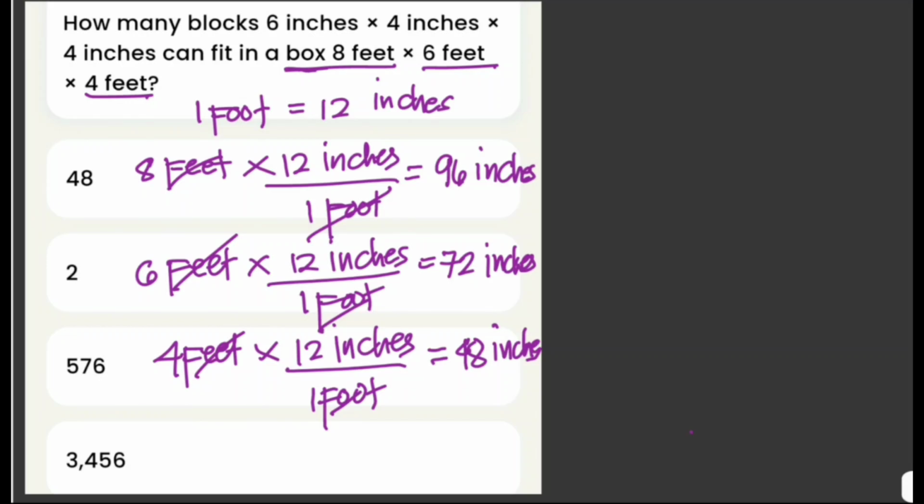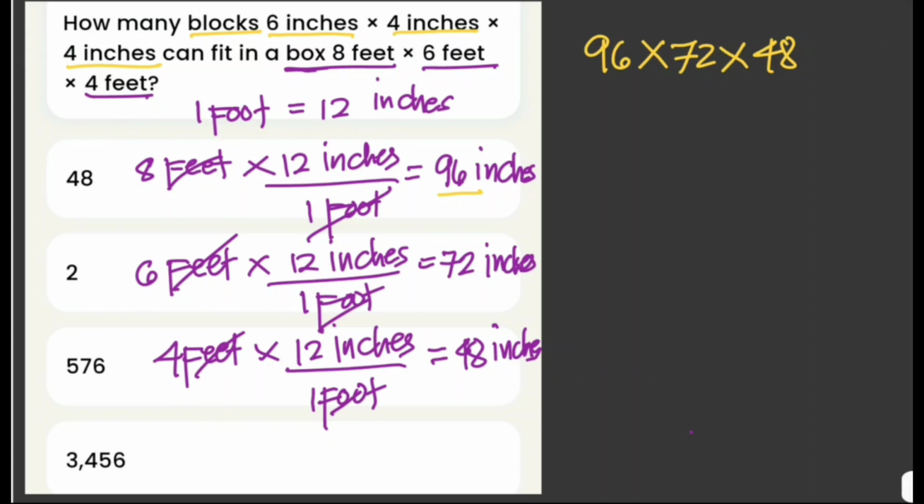Now, how do we find the number of blocks which have dimensions 6 inches by 4 inches by 4 inches that would fit in this box, which has a dimension of 96 inches by 72 inches by 48 inches?